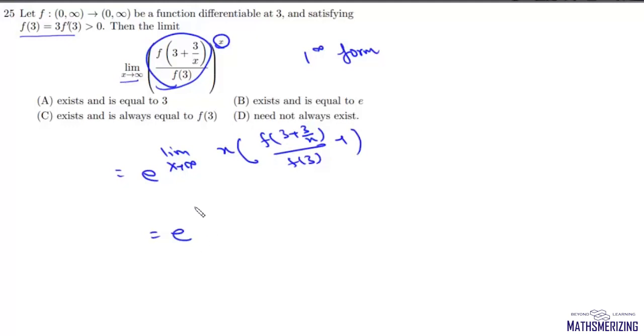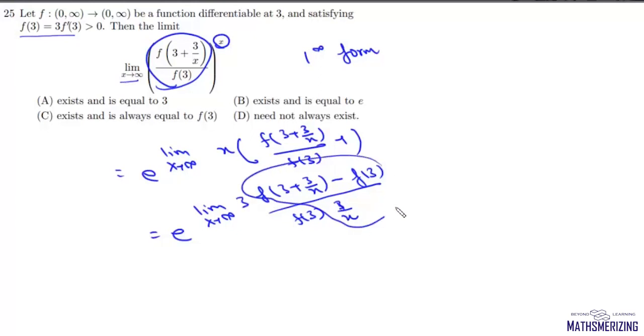So we can write this limit as e to the power limit x tends to infinity, (f(3 plus 3 upon x) minus f(3)) upon f(3), into 1 by x. Now what we will also do is multiply by 3 and divide by 3.